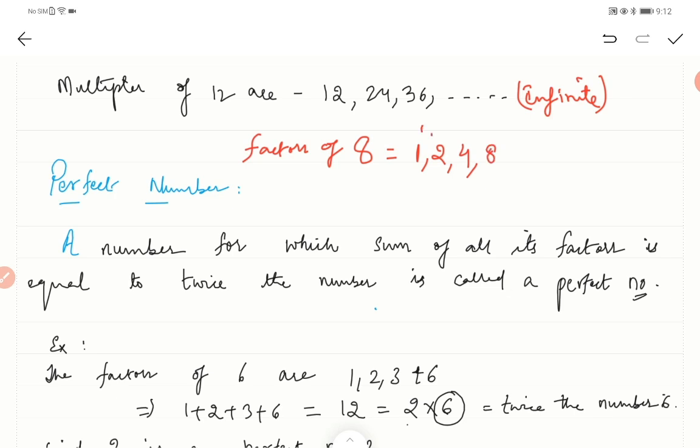So these 4 are the factors of 8. If I add all these factors, 1 plus 2 plus 4 plus 8, I am going to get 15. But twice of 8, our number, is how much? It is 16, but we are getting 15, so 8 is not a perfect number.